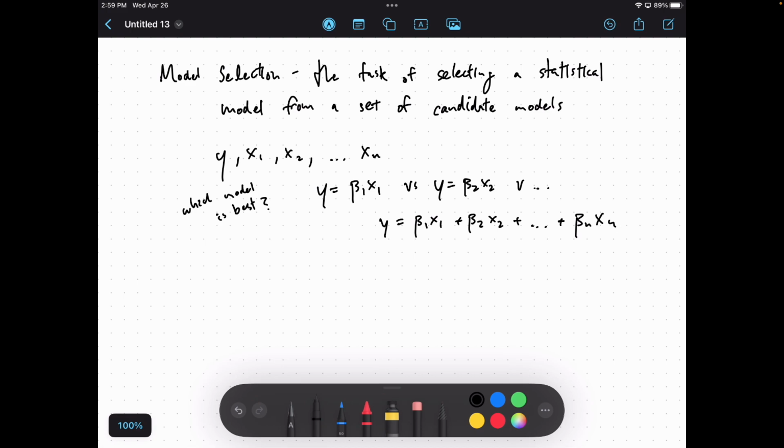We've got all these combinations of models that we can do, right? We explained that there's 2 to the n number of combinations for all of these things.